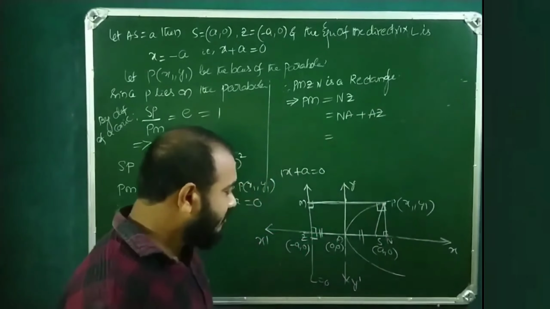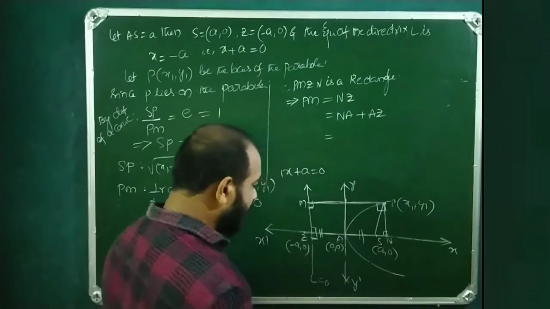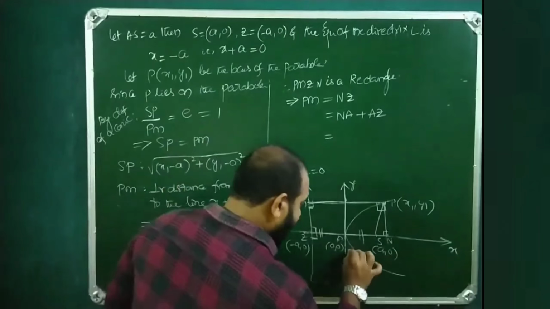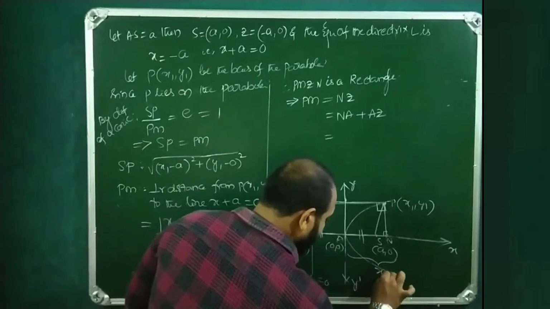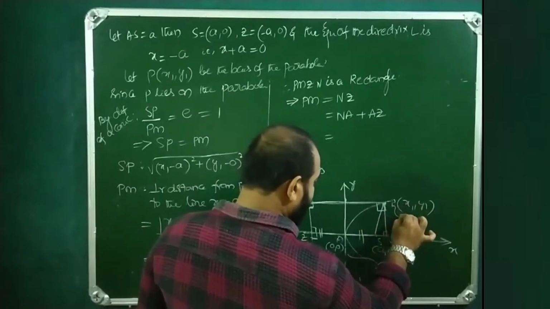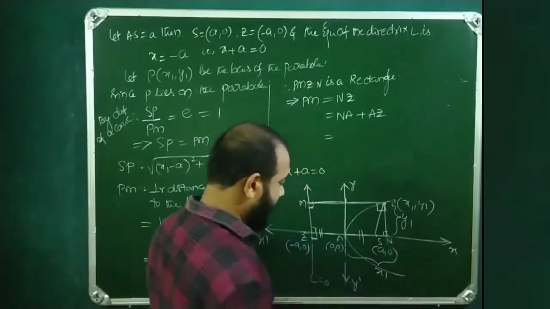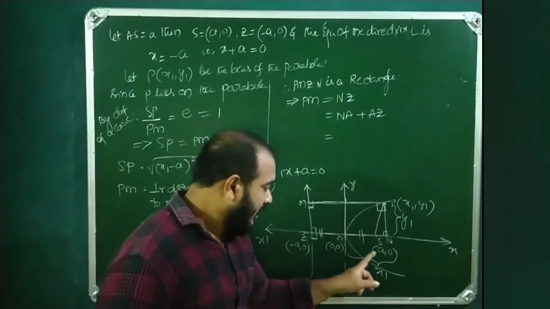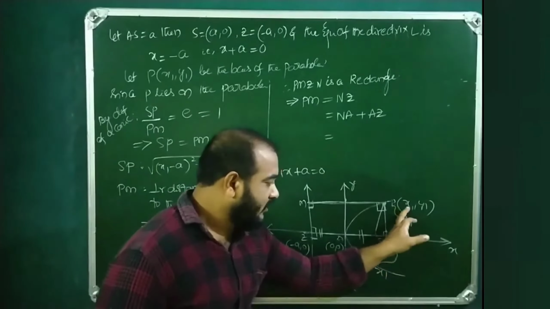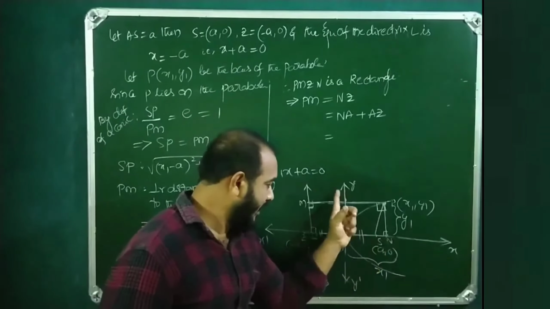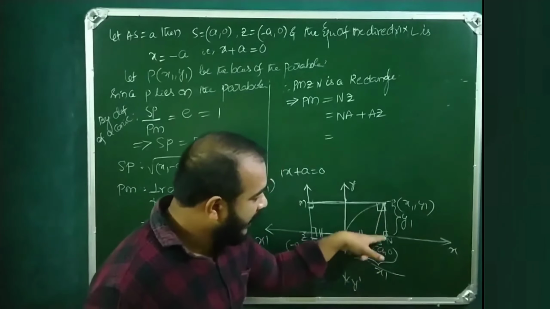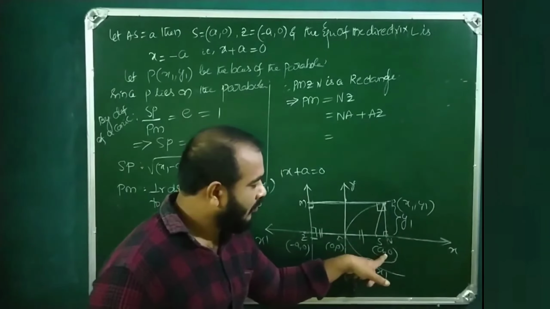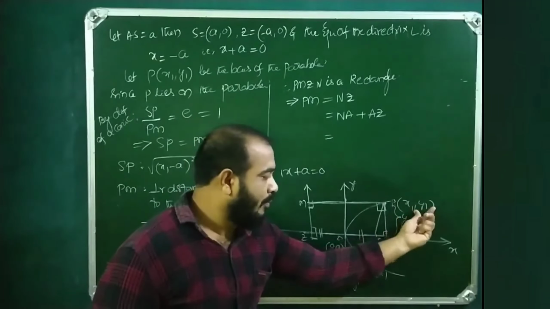What is NA? Since this is the origin, NA is nothing but x1 and PN is nothing but y1. So N is at a distance of x1 units from the y-axis, and PN is the y1, this y component.